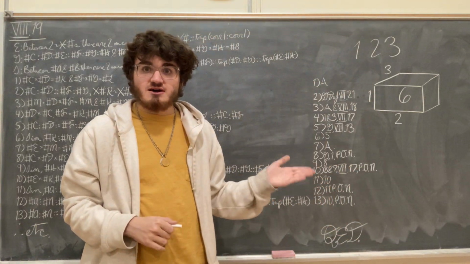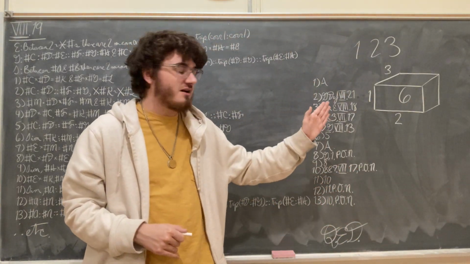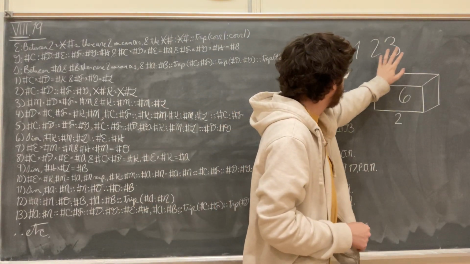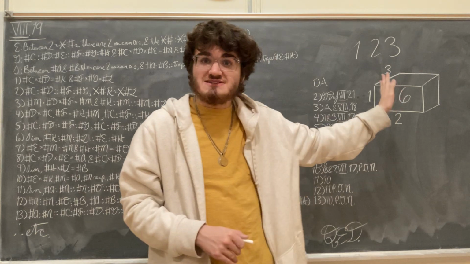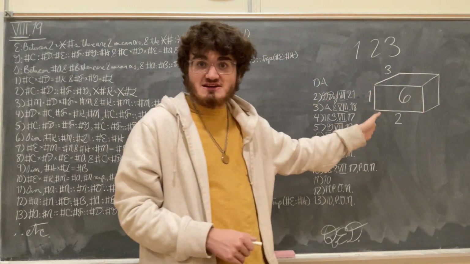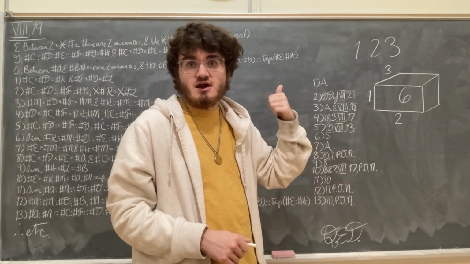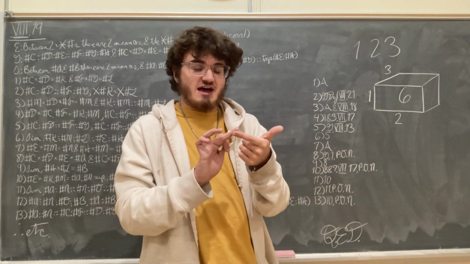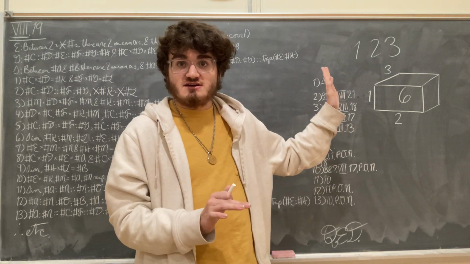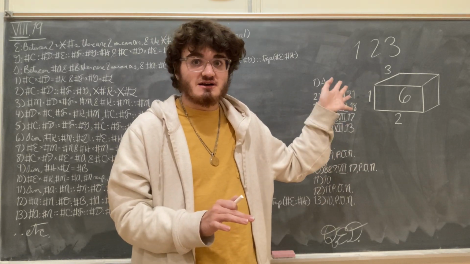And that is why we call 6 a solid number, because it is the product of three numbers, 1, 2, and 3. And we can represent 6 as this solid, whose dimensions are 1, 2, and 3, whose length is 2, whose height is 1, and whose width is 3. So that is where the language of solid number comes from.